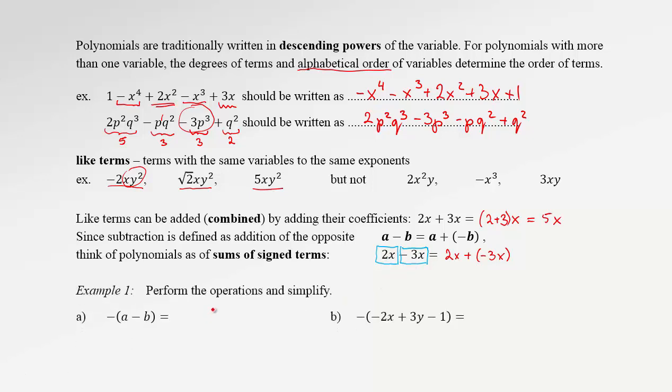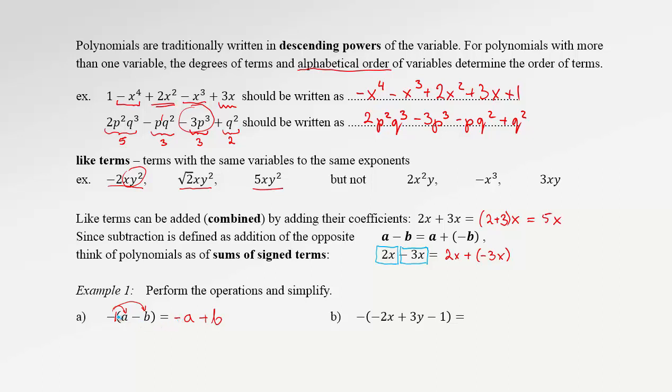Okay, so let's start performing some operations and simplify whenever possible. If we have a negative in front of the bracket, that's like multiplying by -1. So when we multiply a bracket by anything, we're using the distributive property. -1 times a is -a, -1 times -b is +b. Observe what's happened. We're actually changing the signs of the terms in the bracket into opposite.